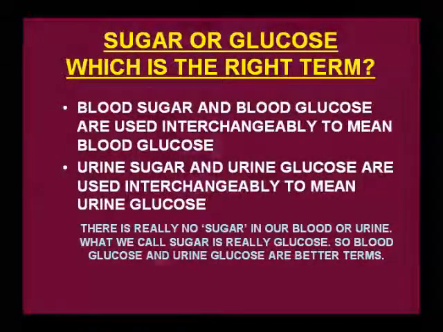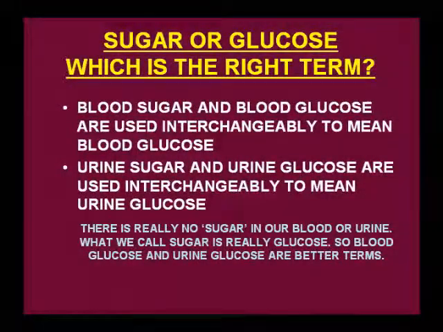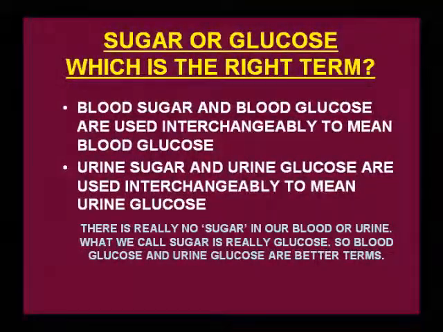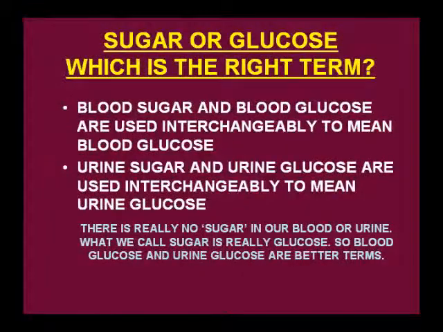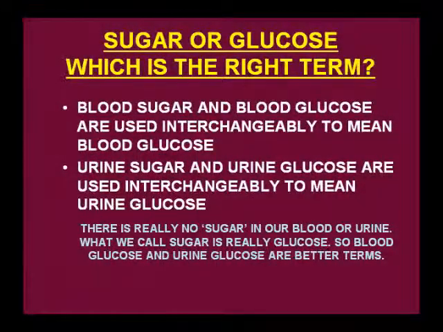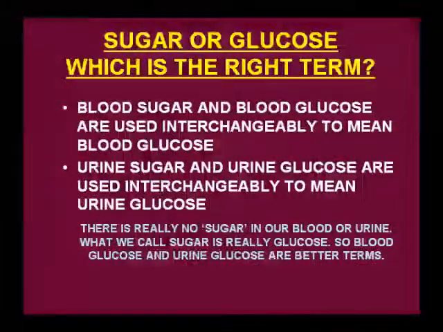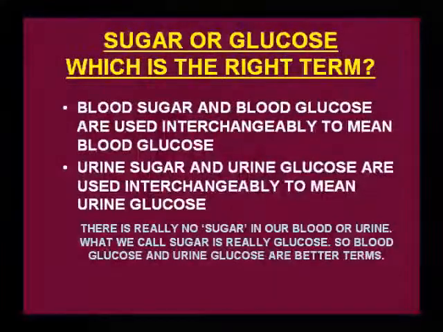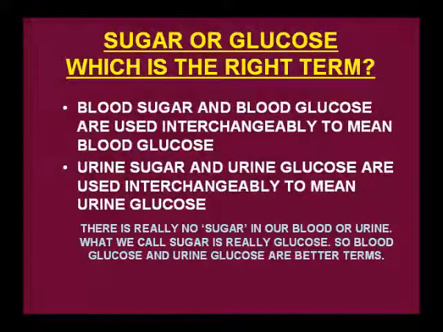Similarly, urine sugar and urine glucose are used interchangeably to mean urine glucose. There is really no sugar in our blood or urine. What we call sugar is really glucose, so blood glucose and urine glucose are more appropriate terms.